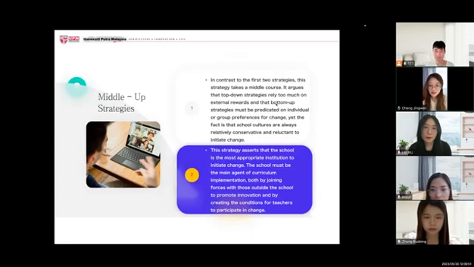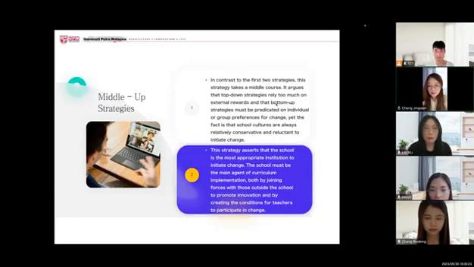Yet the fact is that school cultures are always relatively conservative and reluctant to initiate change. So this strategy asserts that the school is the most appropriate institution to initiate change.